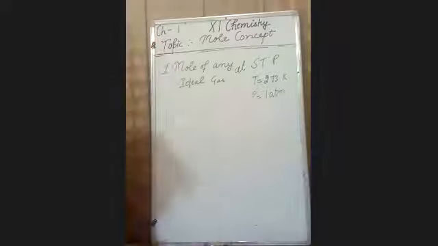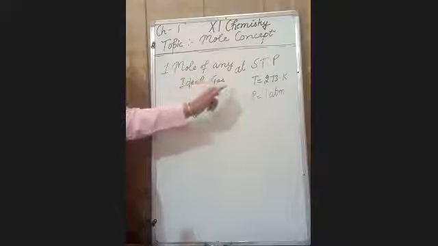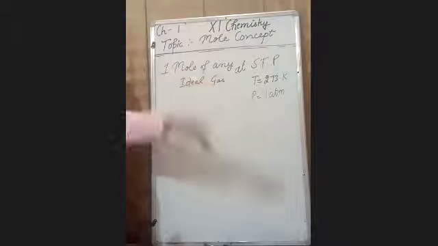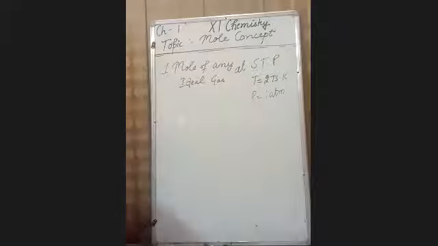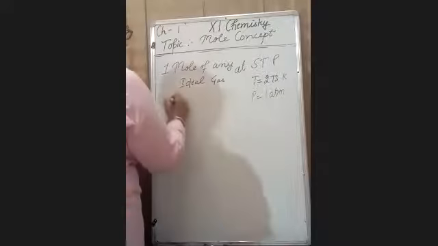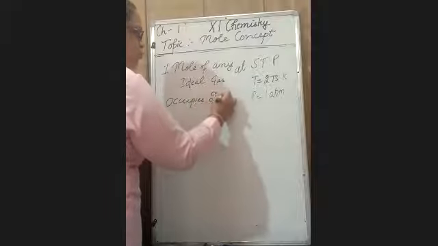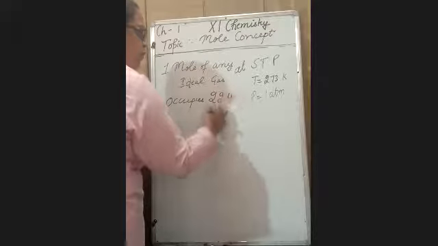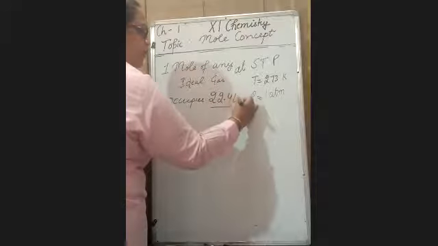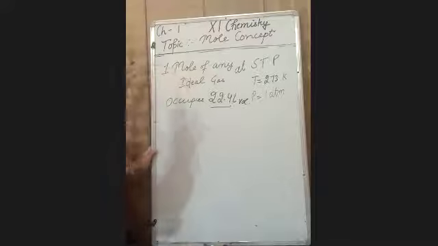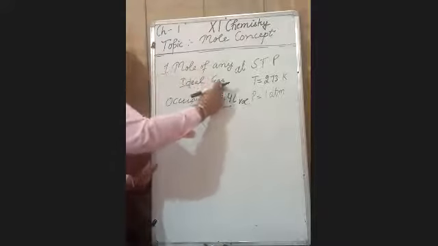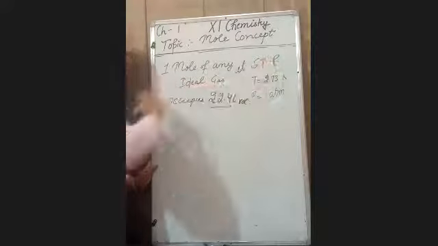Fine. If we have this condition, 1 mole of any ideal gas, either it is hydrogen gas, carbon dioxide, or any ideal gas, at standard temperature and pressure occupies 22.4 liter volume. I repeat, 1 mole of any ideal gas at standard temperature and pressure.